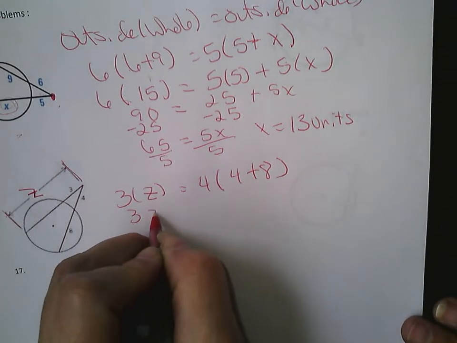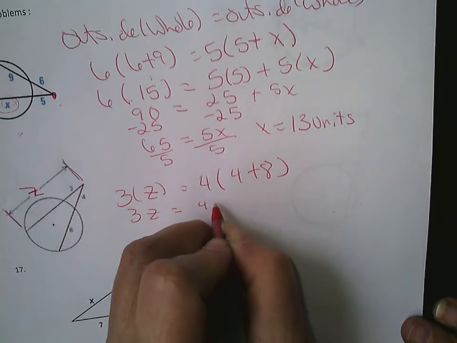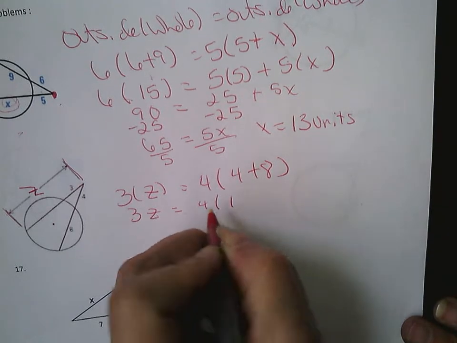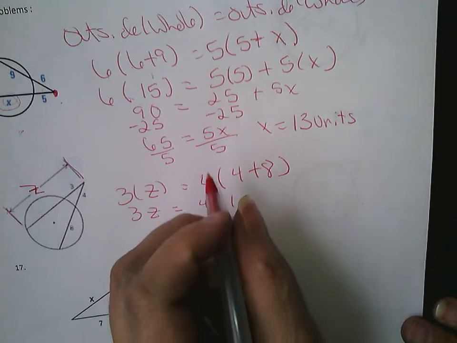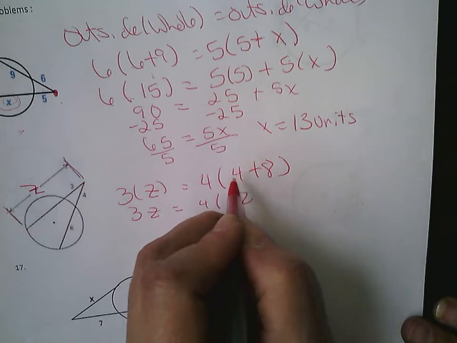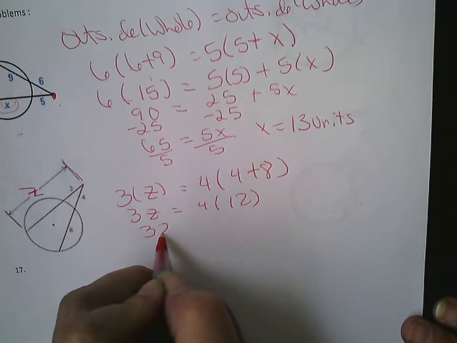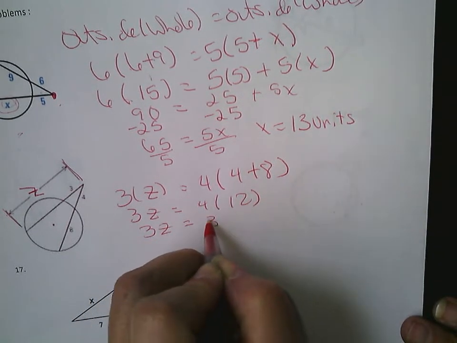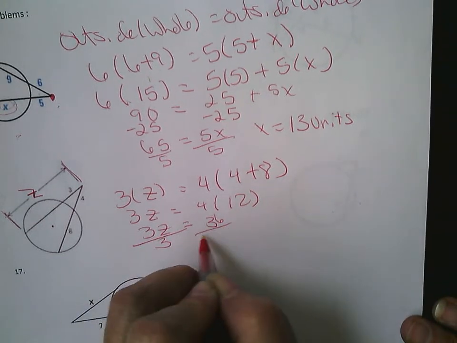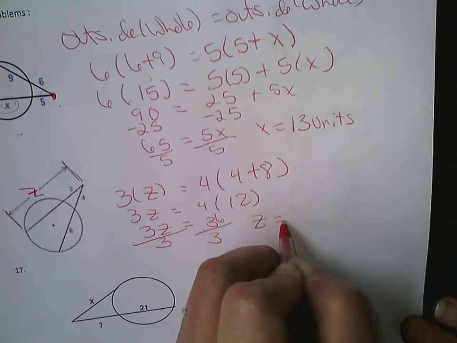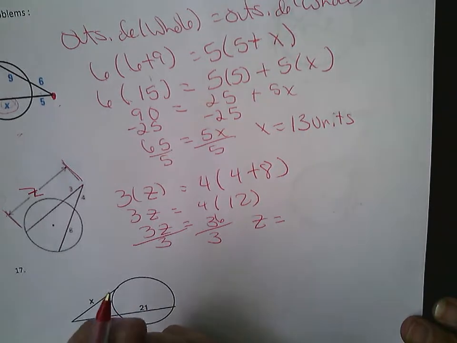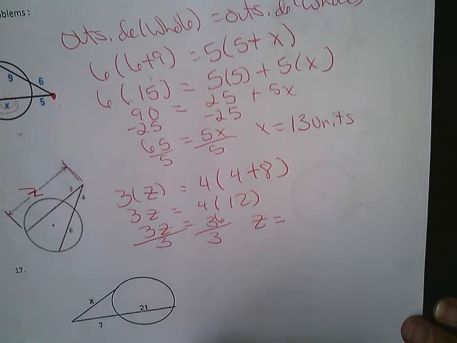So 3z equals 4 times 12. And then we have 3z is equal to 36. Divide both sides by 3. Z equals 16. No, z equals 9.